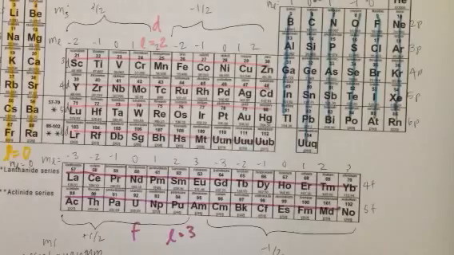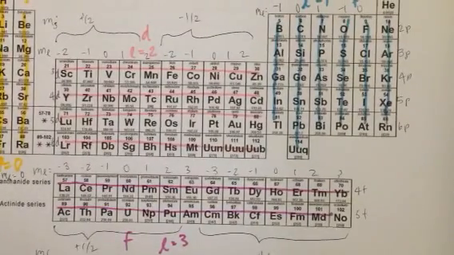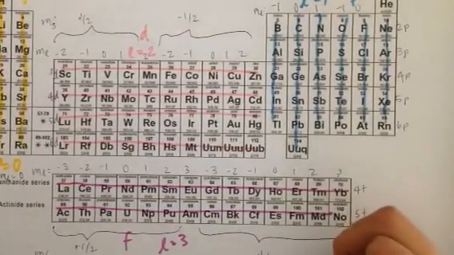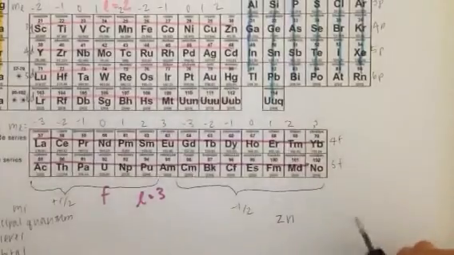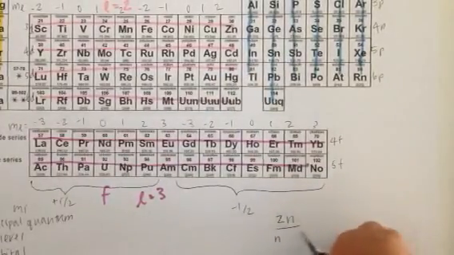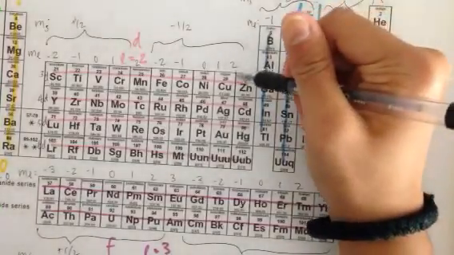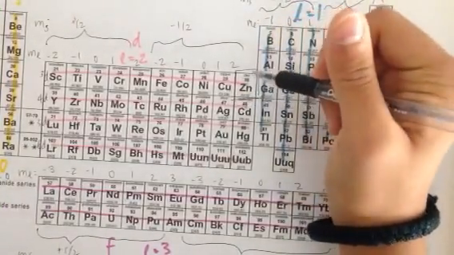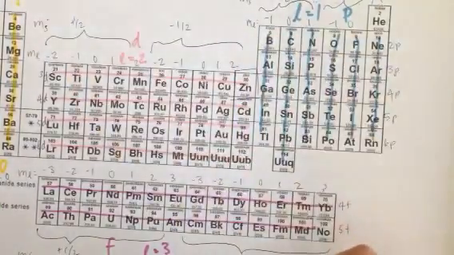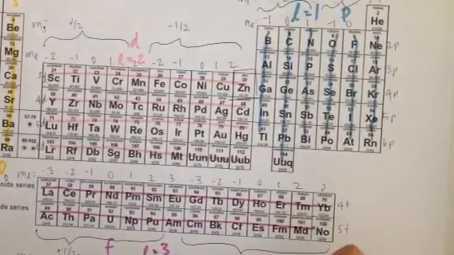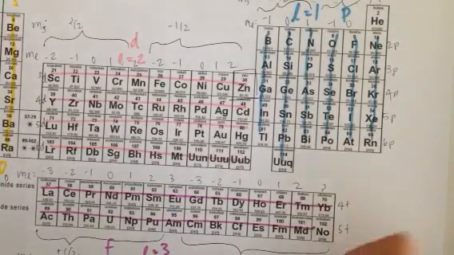So now we're going to do zinc, and we can start with the N. If we look on the periodic table, zinc is right here, and so its N would be 3, and its L would be 2.